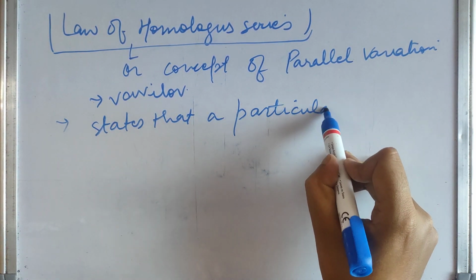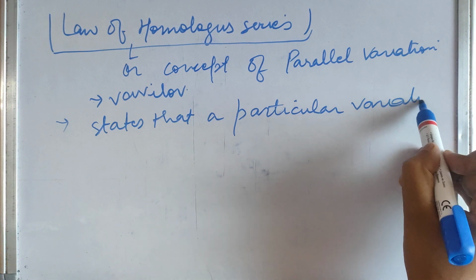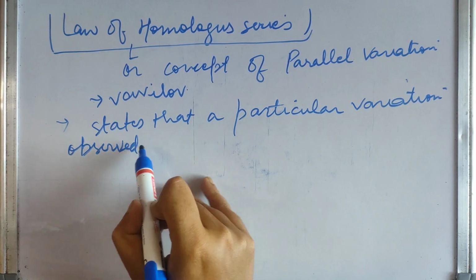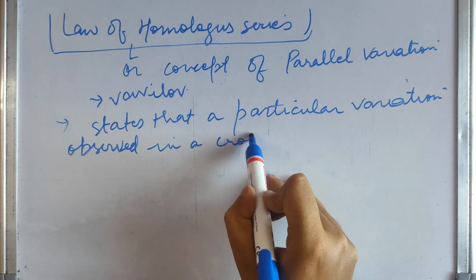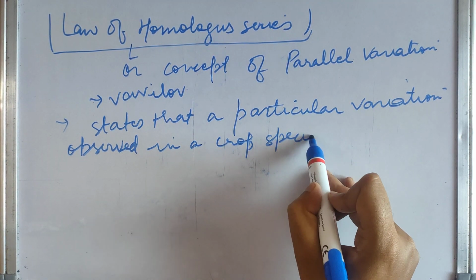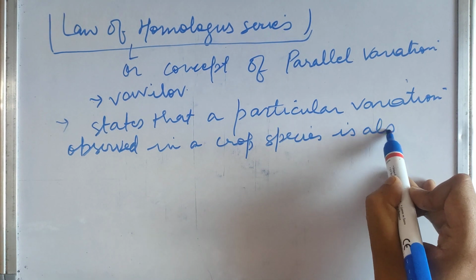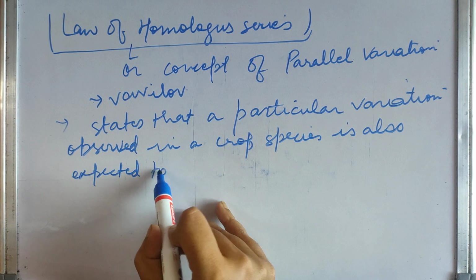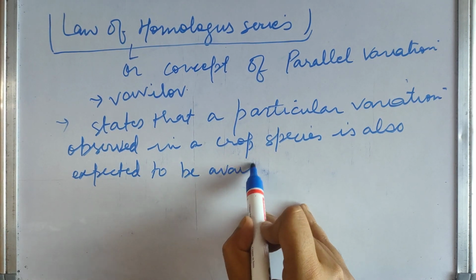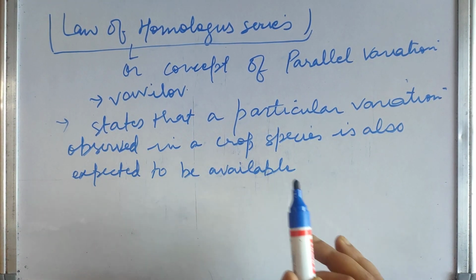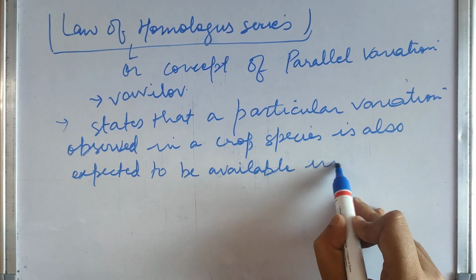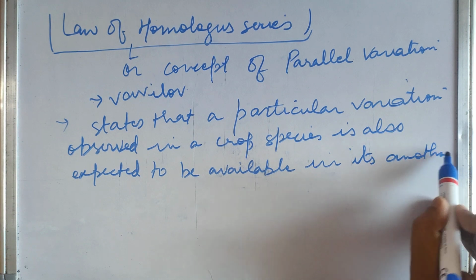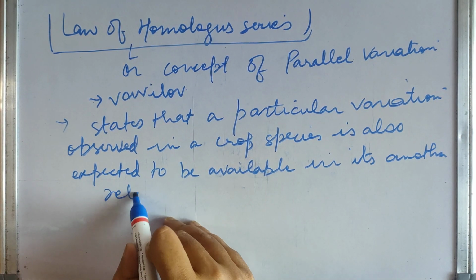It states that a particular variation observed in a crop species is also expected to be available in its related species.